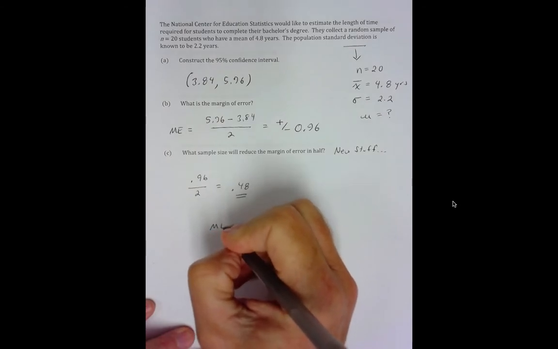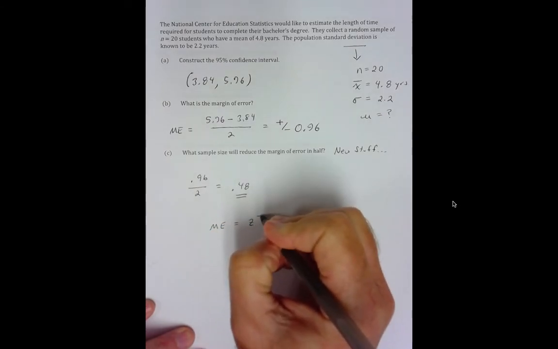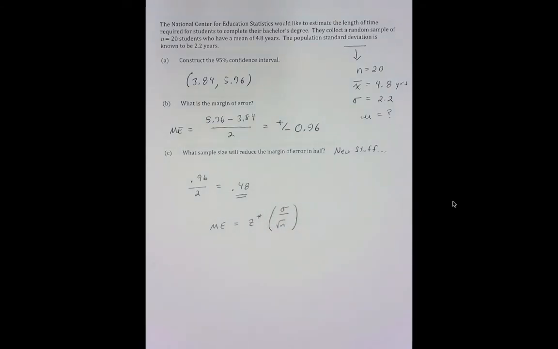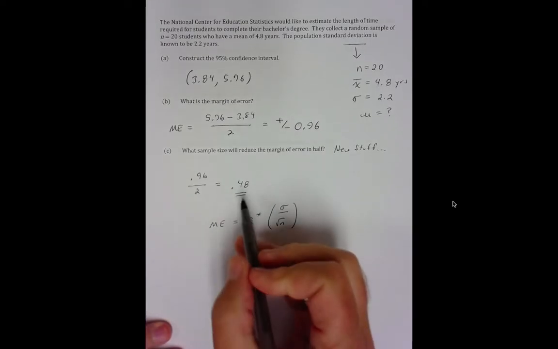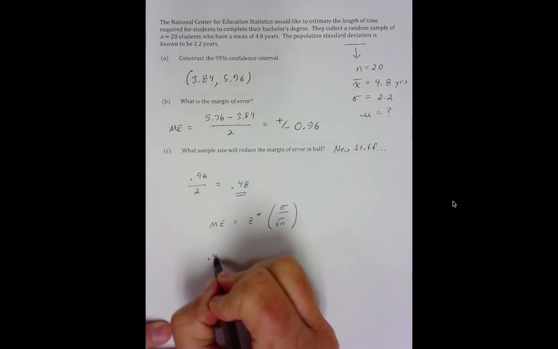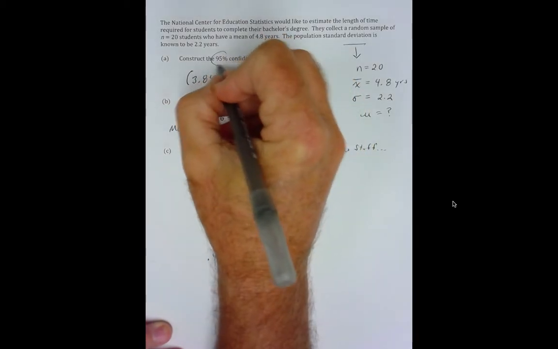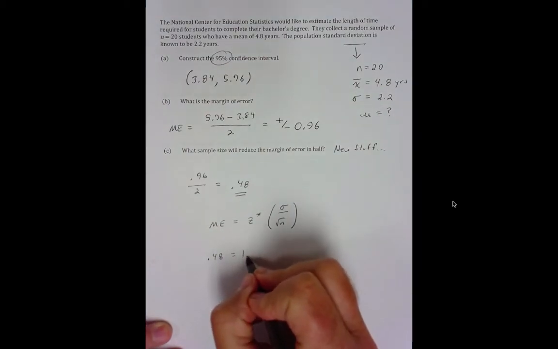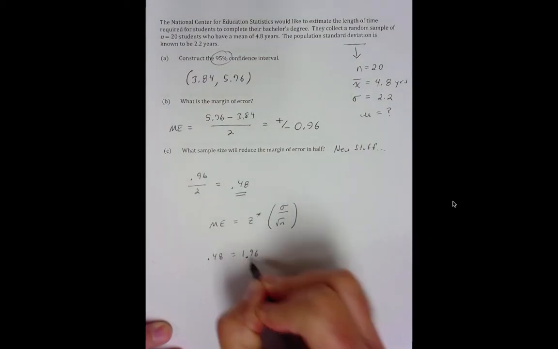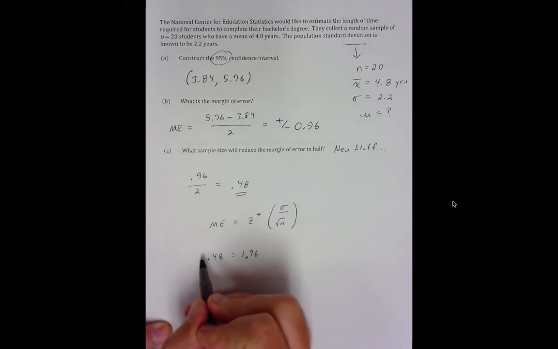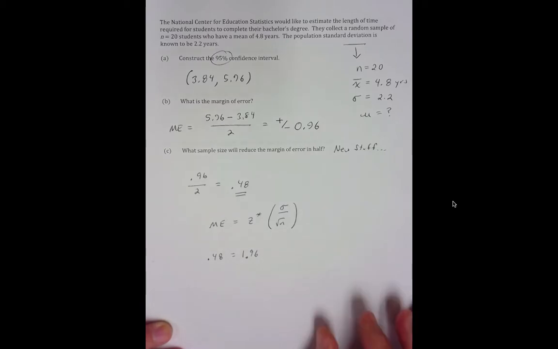We know that the margin of error is found by taking z critical times sigma over the square root of n. So I just need to plug and chug the information I have into this formula. I want my margin of error to be 0.48. I know the z critical for a 95% confidence interval is 1.96. Don't put the plus or minus in there, because technically you have a plus or minus on both sides, and that just confuses the algebra, since the plus and minus would cancel out anyway.